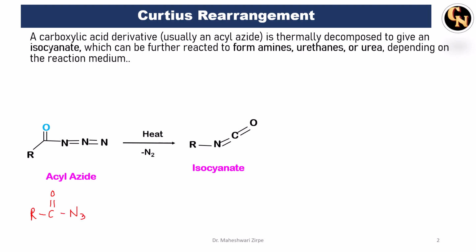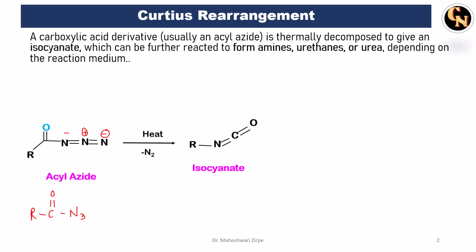N3 is your azide. Here the nitrogen is N double bond N double bond N, with a minus, a plus, and again a minus charge on the groups.